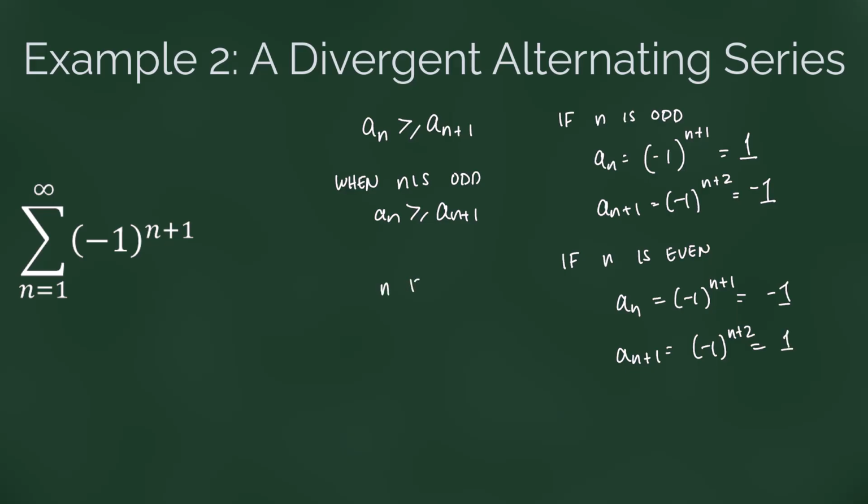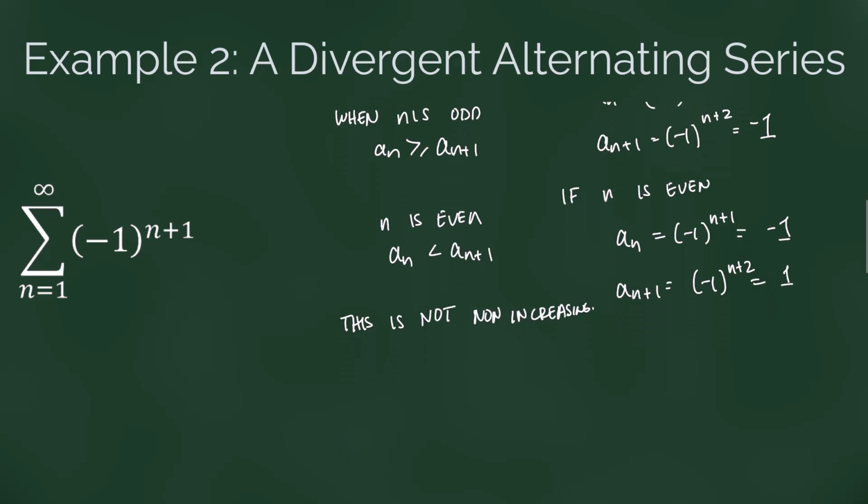So when n is even, we get that a sub n is strictly less than a sub n plus 1. So this is not non-increasing. So it fails the first part of the test.